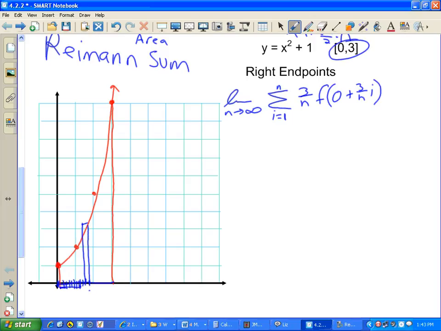Each little one here is 1 width, which is the value 3 over n. I've had i 3 over n's to get to this point. So this point is 0 plus 3i over n. If I plug that x value into my function, that's going to spit out this value. This is the function evaluated at 0 plus 3i over n. So that's the height of my rectangle.